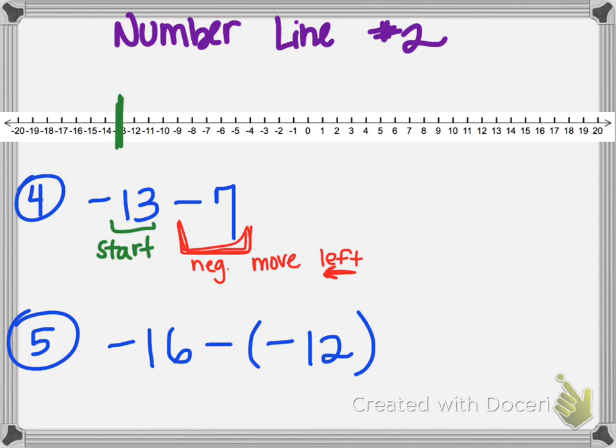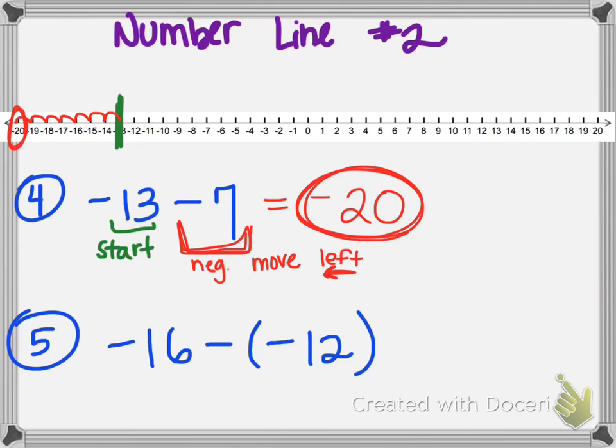So let's come back to our starting position of negative 13, move to the left, 1, 2, 3, 4, 5, 6, 7. Therefore, our final answer is negative 20. So in this case, positive is to the right, negative is to the left.